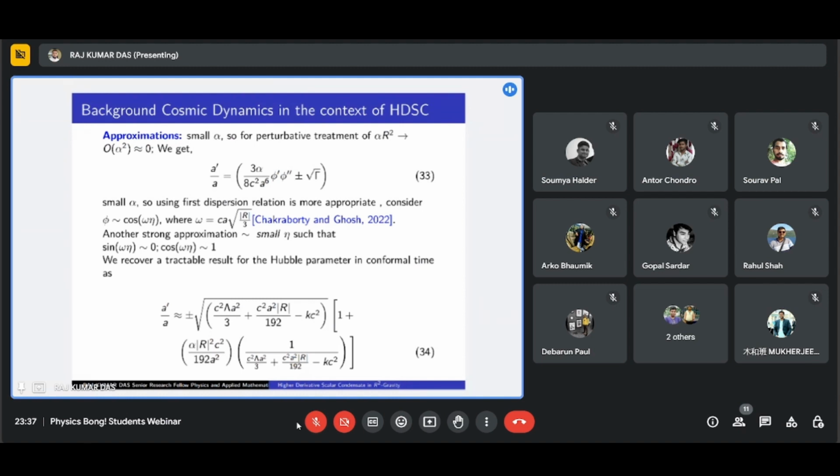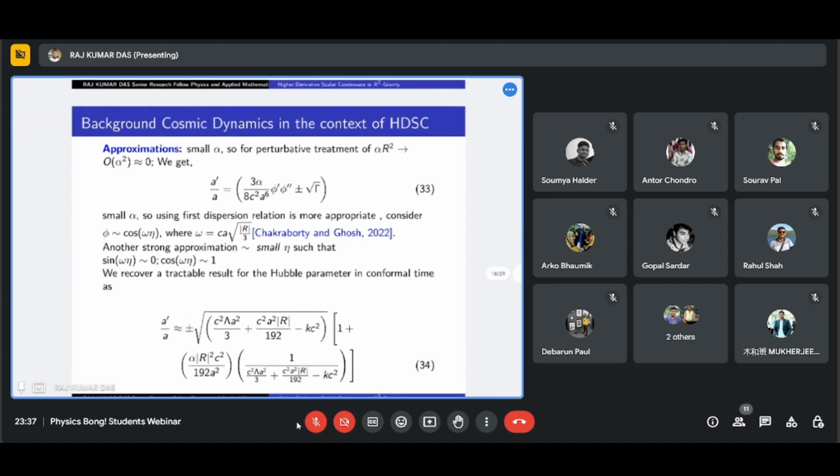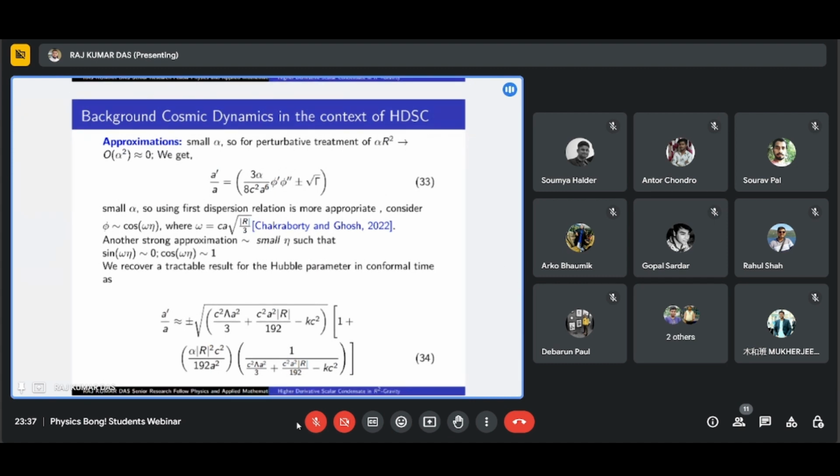Here we will see that if any higher derivative term is added in your Lagrangian and it shows a time crystal like behavior, you will get a solution like that. So it will be a periodic function, a sine or cos. So this solution we have taken from that paper, where they have shown that in the presence of higher derivative scalar condensate, this shows the time crystal nature.